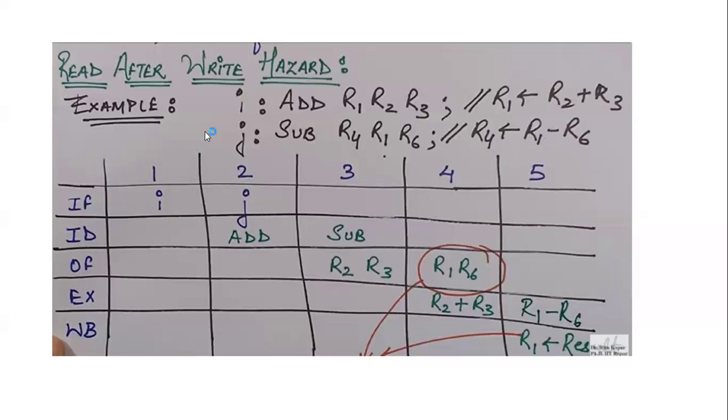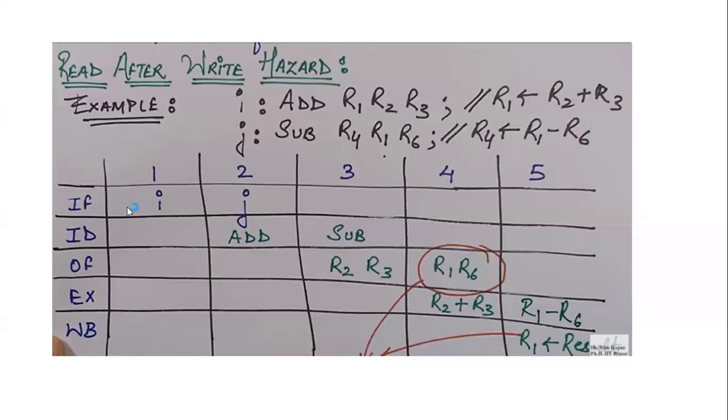To perform these two instructions concurrently, we need the support of five stages: instruction fetch, instruction decode, operand fetch, execution phase, and write back result phase. Everything starts from the clock cycle: clock cycle 1, clock cycle 2, and so on.